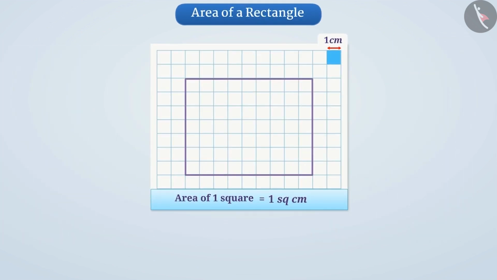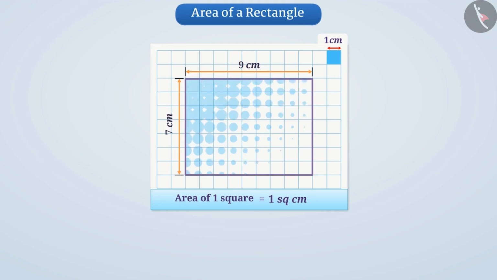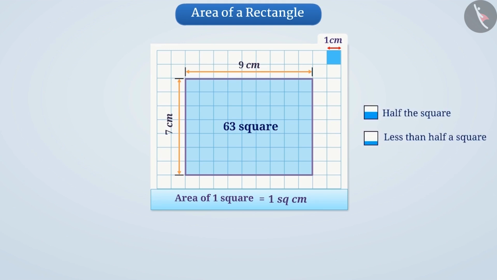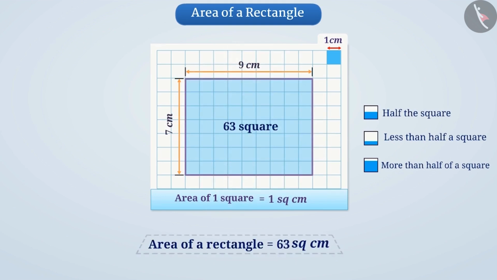Look at this rectangle. Its length is 9 cm and breadth is 7 cm. Here, the total number of squares is 63. Here none of the squares are half, less than half or more than half. Therefore, we can say that the area of this rectangle is 63 square centimeter.